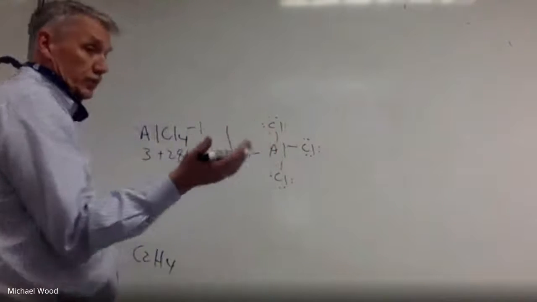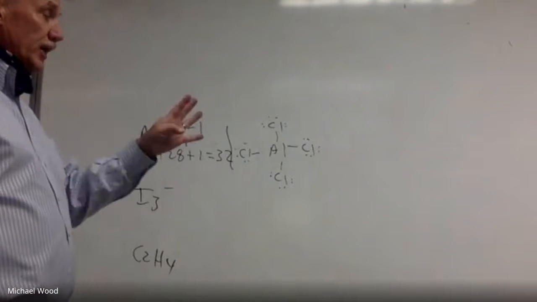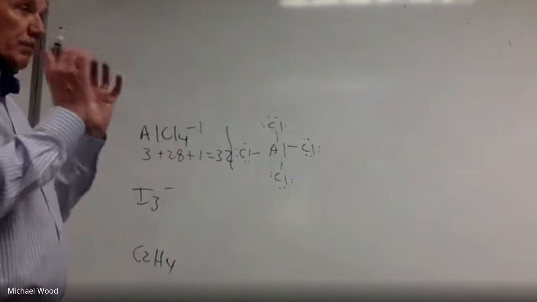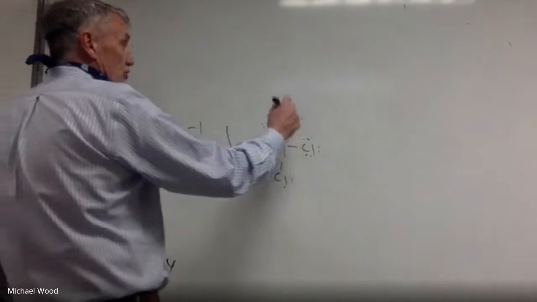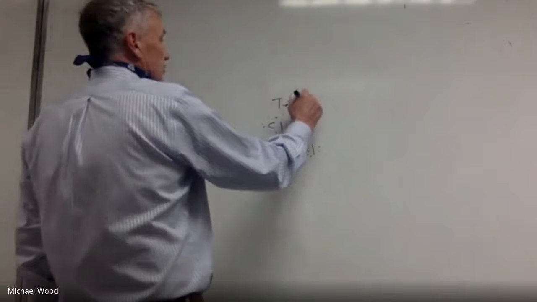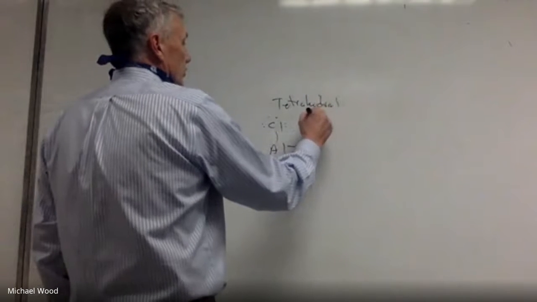So to Juliana's point, that's a really good point. This is again 4 electron domains, so the base bond angle is 109.5. And in this case, since there are no non-bonded electrons, this is tetrahedral. So it's tetrahedral and it's 109.5.